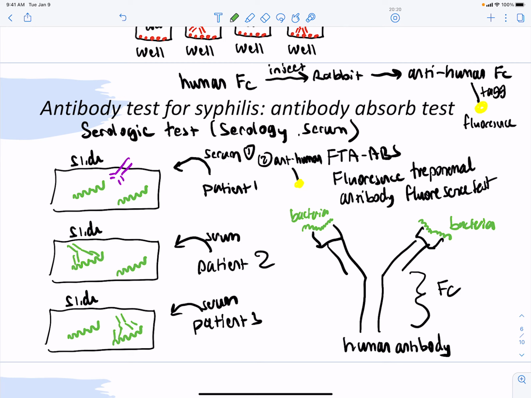And so you're going to get your fluorescence tag on patient 3 and patient 2, but not on patient 1. And so patient 2 and patient 3, your treponema will light up under a fluorescent microscope. But your patient 1, since it does not have any antibodies, will not light up. And so that's basically the way that this test for syphilis is done.